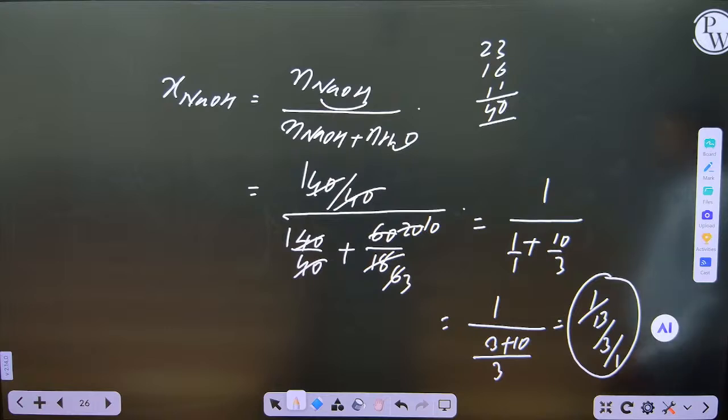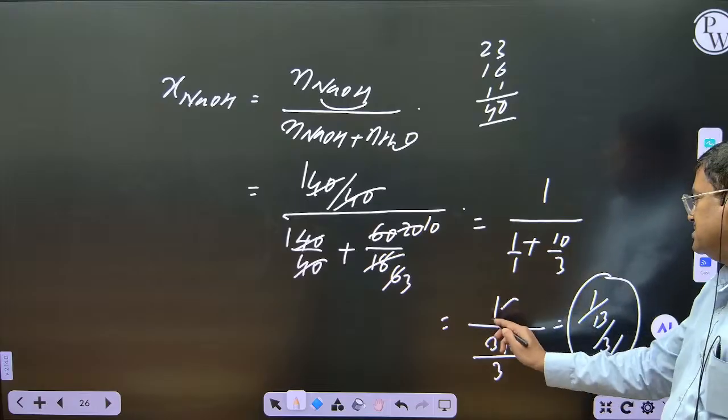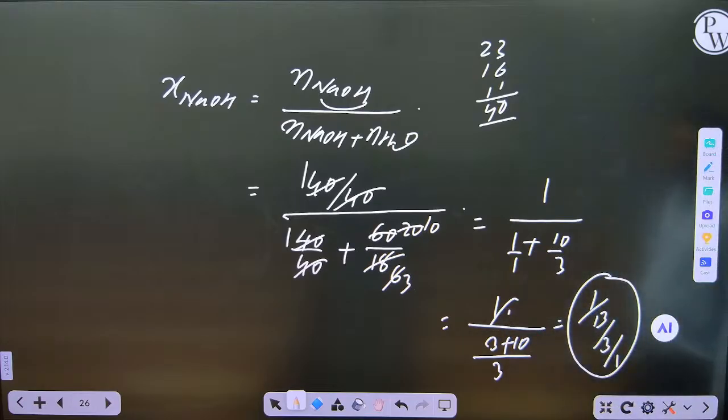Check everyone got the same answer: 1 by 13 upon 3. That comes to how much, students? 3 upon 13. You can put it as such or you can simplify this.